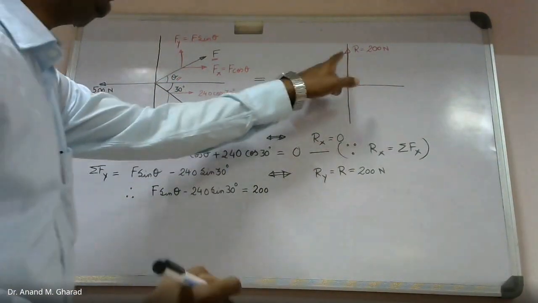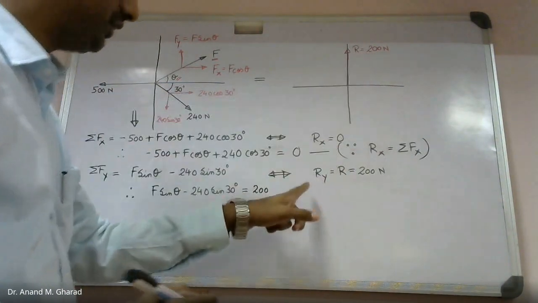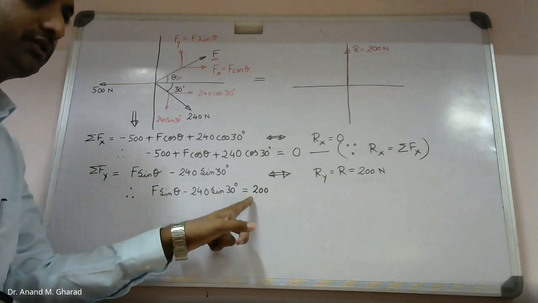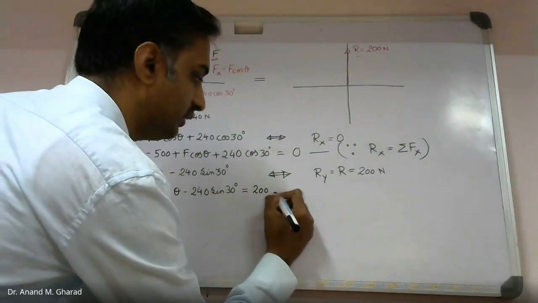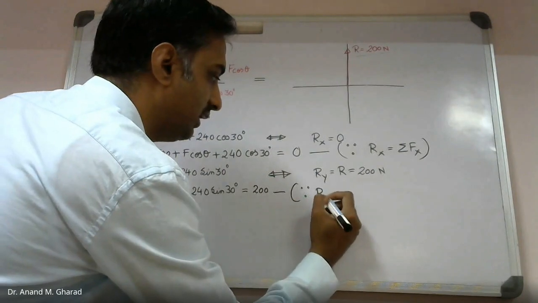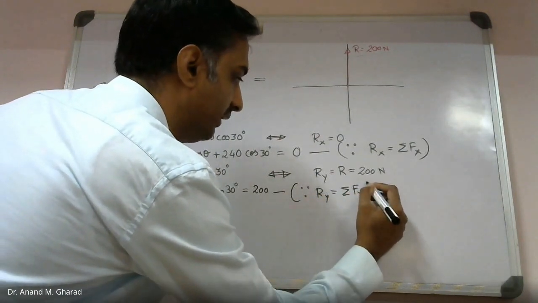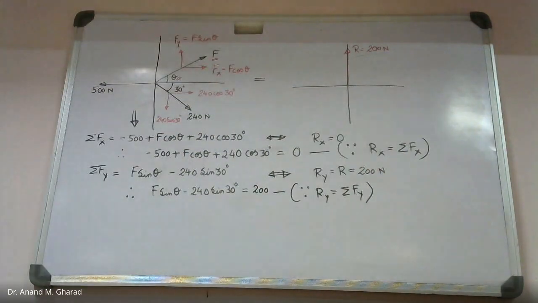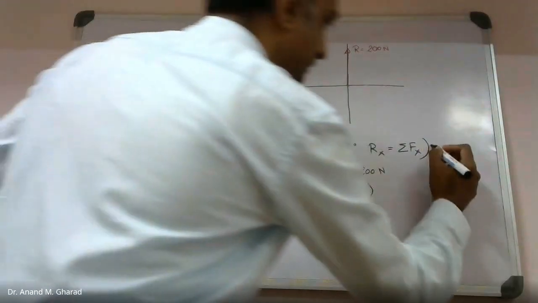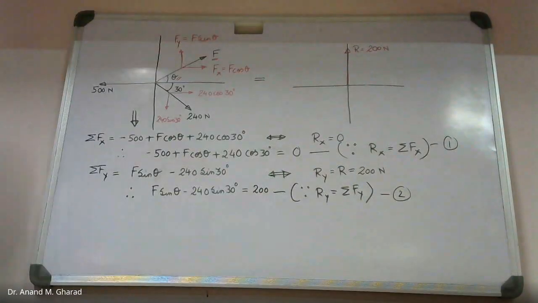And see the sign: this is acting upwards, therefore this will be treated as positive 200, since Ry is equal to summation of force in the y direction. Have you understood this? Yes, sir. So this is equation 1 and this is equation 2.